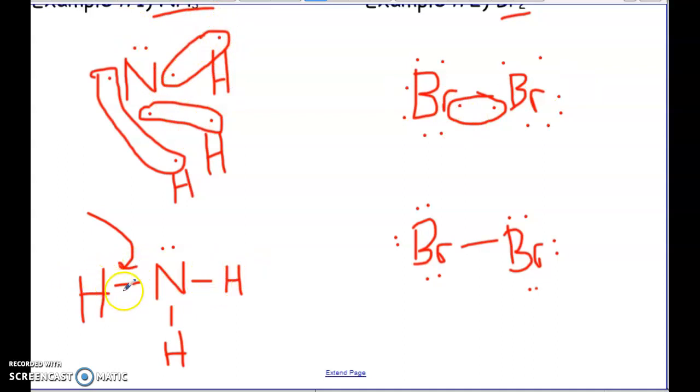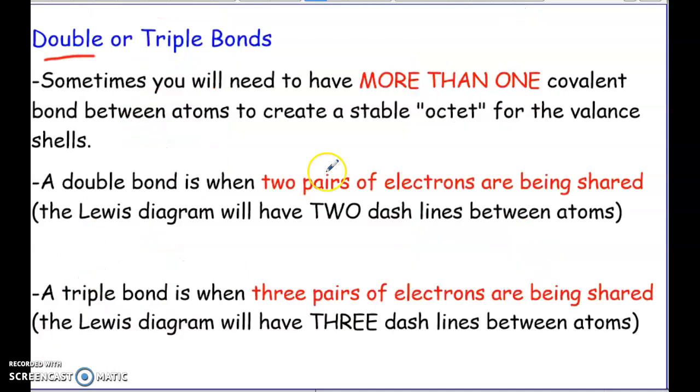This is 1 set of electrons being shared, 1 from hydrogen, 1 from nitrogen. If you were to have a double bond, there are 2 pairs of electrons being shared, so your final picture will end up having 2 dash lines.